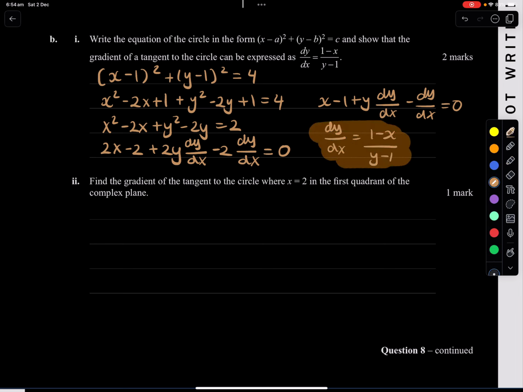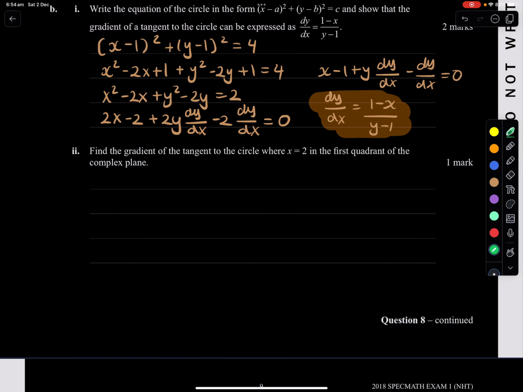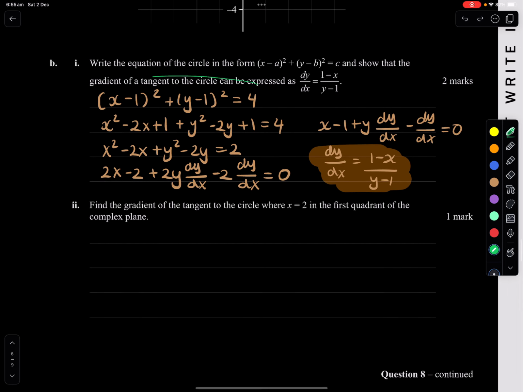Perfect. So the next question says, find the gradient of the tangent to the circle where x is equal to 2 in the first quadrant. So we have our dy dx, we just need to find our y value, and we have our x value. To find the y value, we have this equation over here.